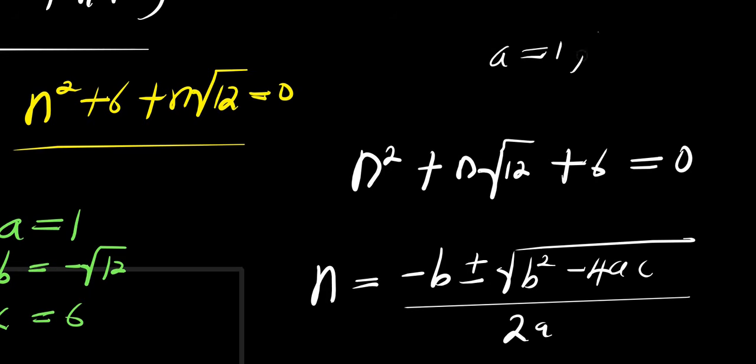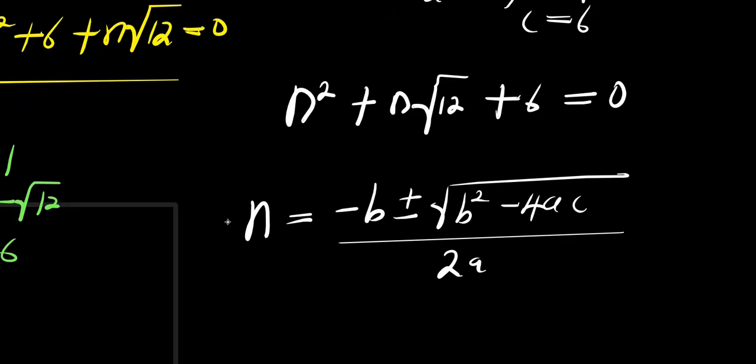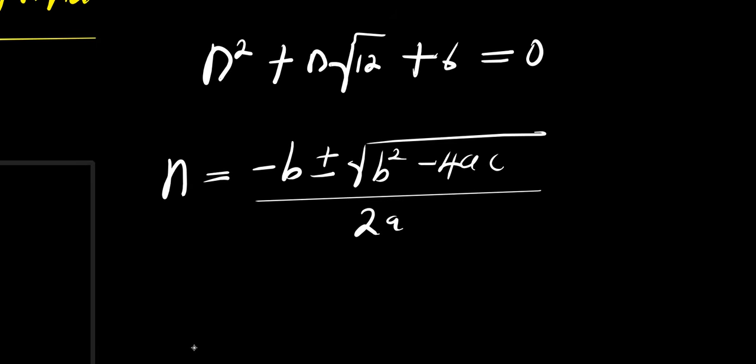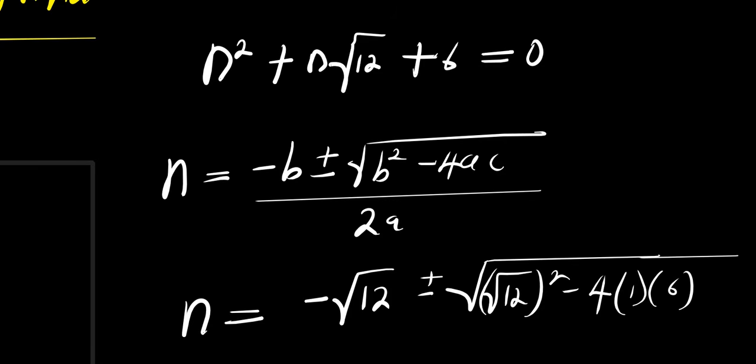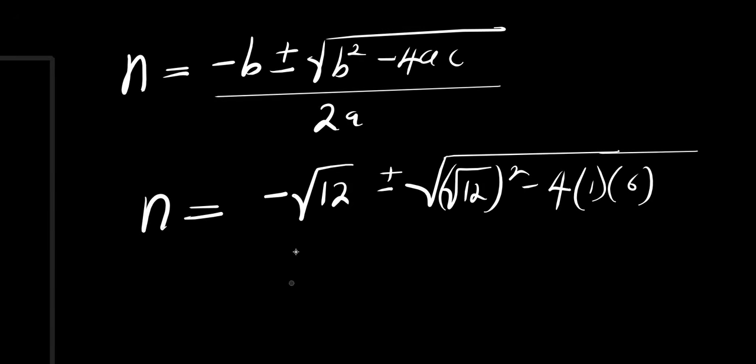My a equals 1, b equals root 12, and c equals 6. Negative b, that is negative root 12, plus or minus the square root of root 12 power 2, minus 4 times a, 1, times c, 6, divided by 2 times a.